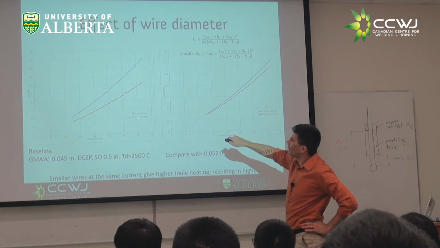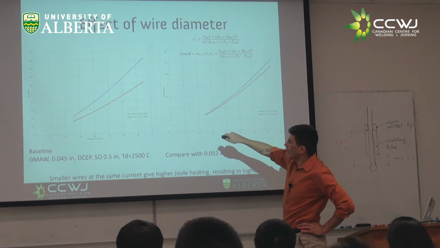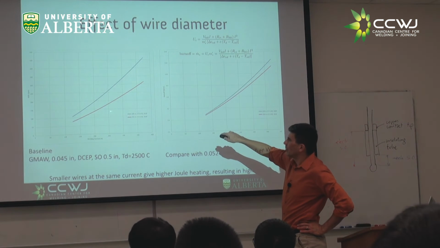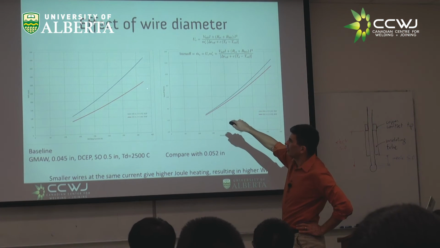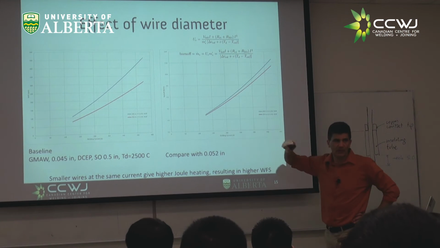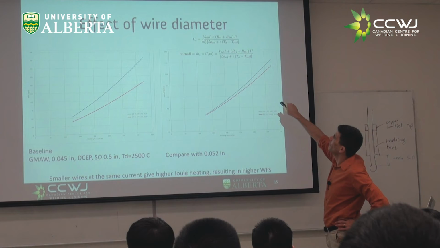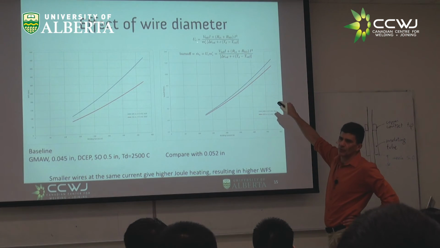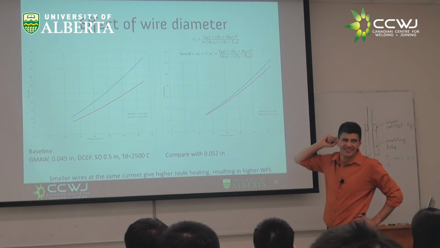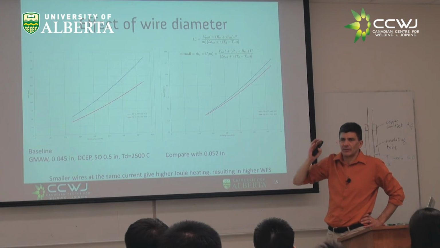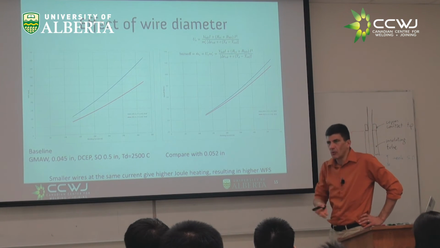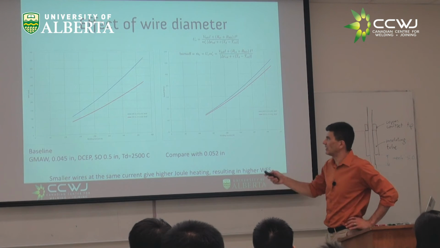OK, so if we go to a wire of larger diameter, we should have a lower wire feed speed, right? For two reasons. We have less resistance heating, but even more importantly, a bigger wire is going to take more mass, so I need to move slower because I cannot melt so much mass.